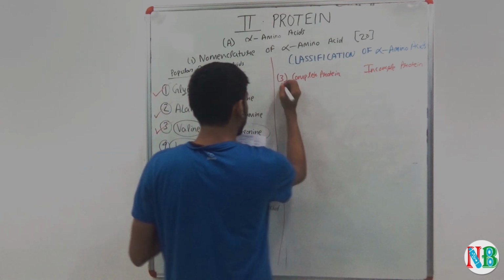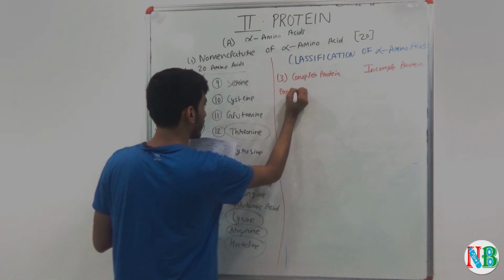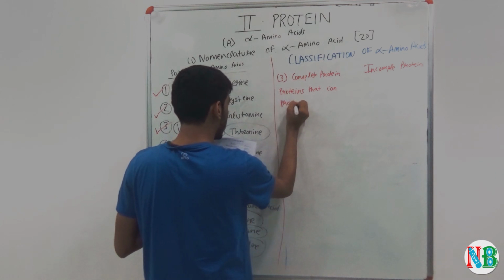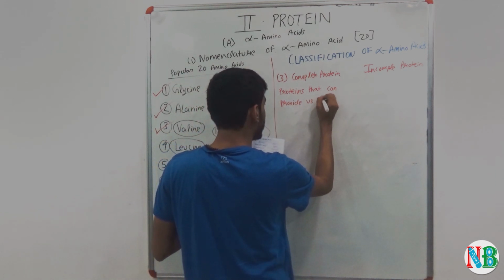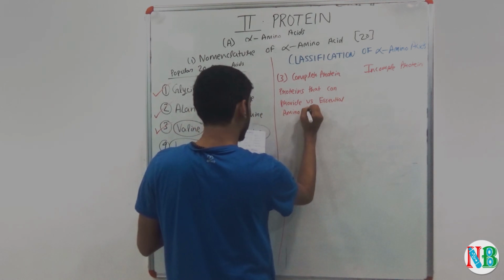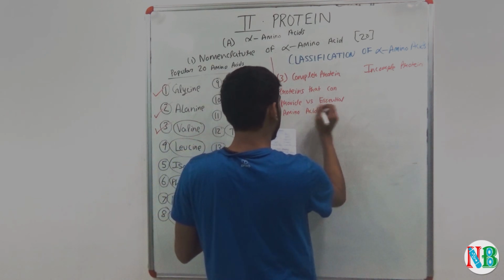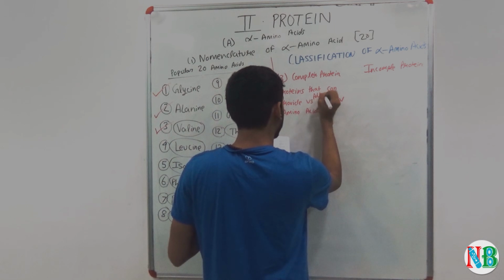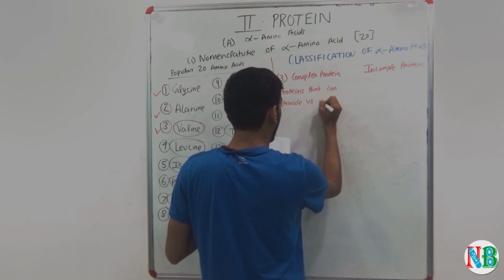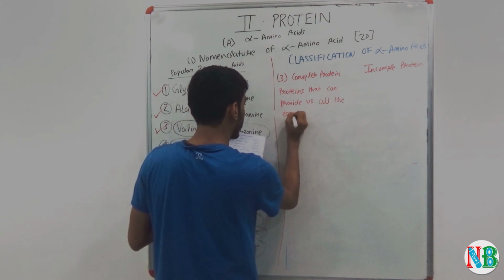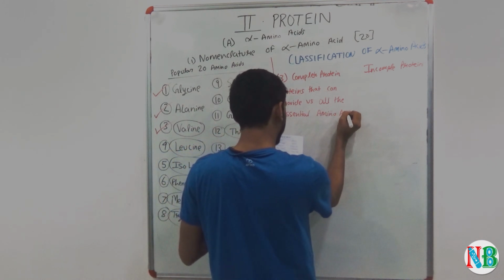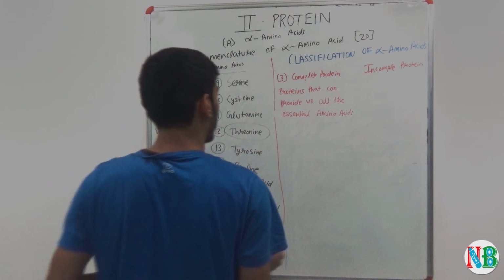So the proteins that provide us all the essential amino acids are called complete proteins.